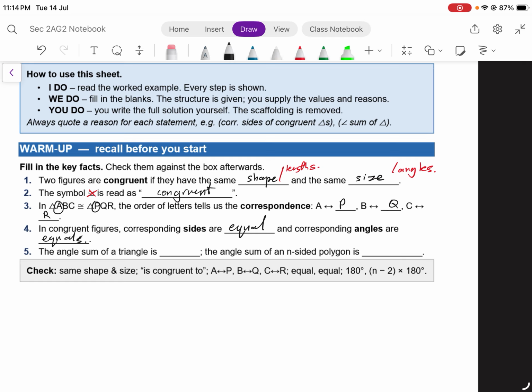Sum of a triangle is 180 degrees. And this one you learned just now, 180 times n minus 2, n minus 2 meaning how many triangles you can draw within the polygon.